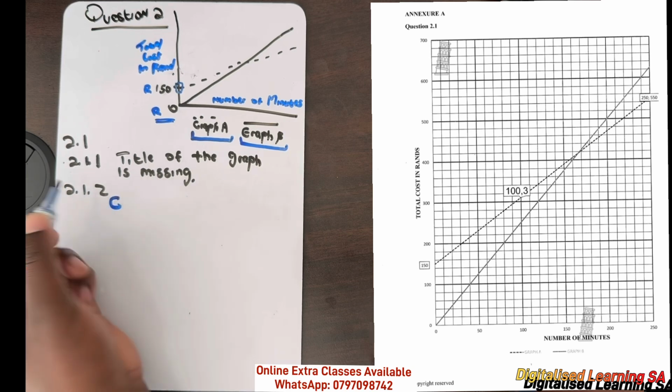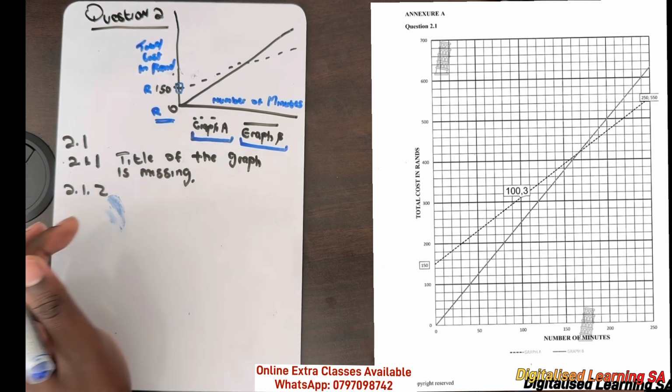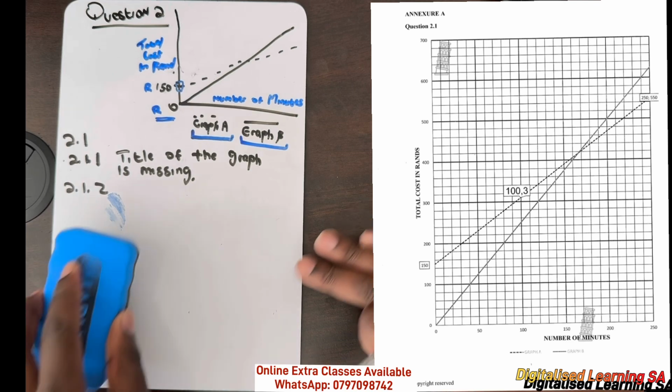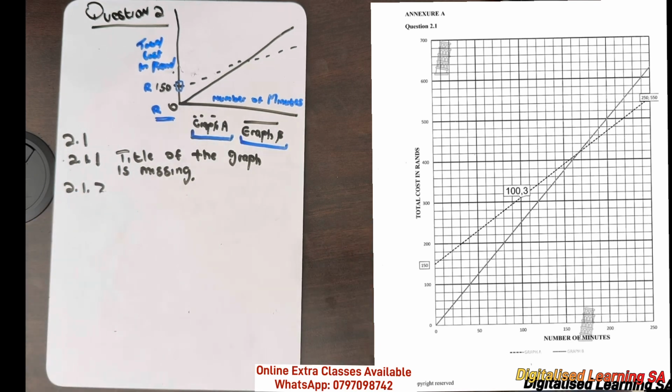So we'll say, let us not contradict ourselves, or let's continue using the black marker.